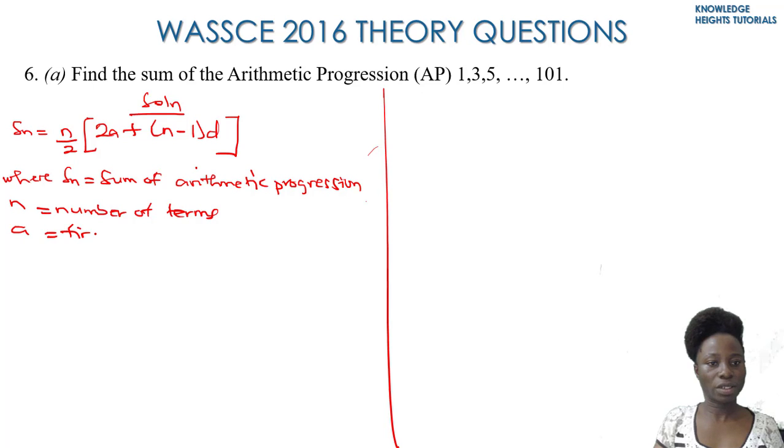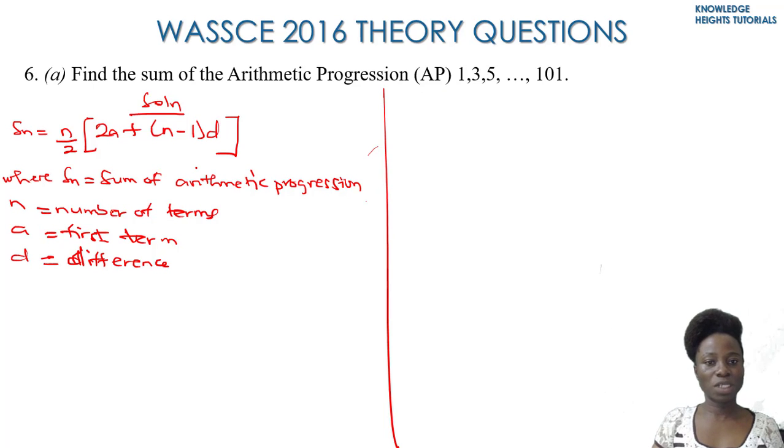A is the first term in the progression. And then we have d being equal to the difference in the terms. So the difference here represents 3 minus 1, which is what? 2. 5 minus 3 is 2. So the difference between the terms is 2.